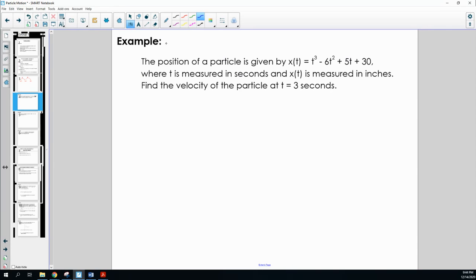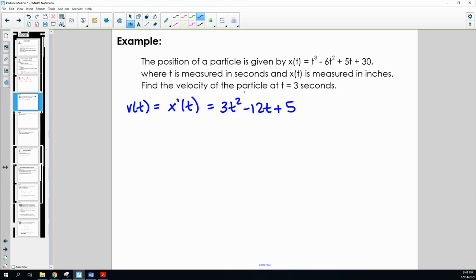So let's look at an example. Here the position of a particle is given by x of t equals t cubed minus 6t squared plus 5t plus 30, where t is measured in seconds and x of t is measured in inches. Find the velocity of the particle at t equals 3 seconds. We're going to take the derivative because v of t, our velocity, is equal to x prime of t, the derivative of the position. Taking the derivative gives me 3t squared minus 12t plus 5.